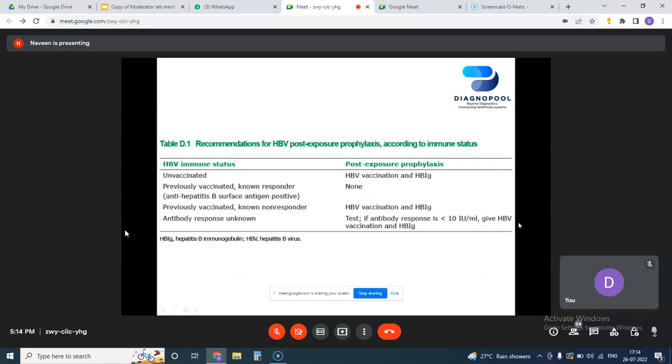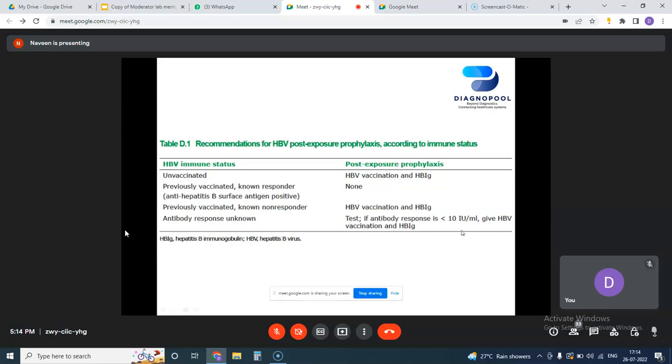So when it comes to hepatitis B post-exposure prophylaxis, all the phlebotomists should be vaccinated with the hepatitis B vaccine. If the phlebotomist is not vaccinated, or thinks he has taken it earlier but is not sure about the dosage, then he can check the antibody levels.